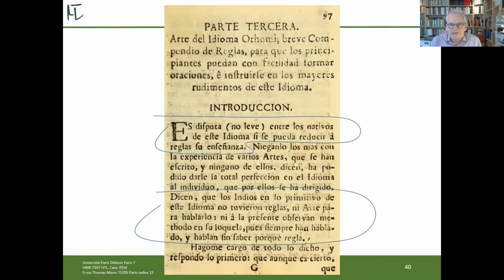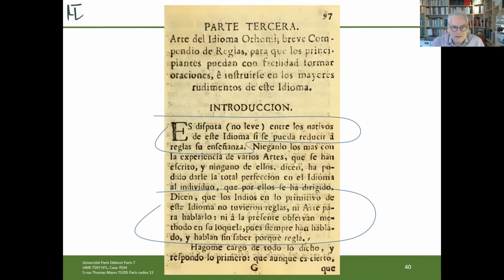So even the natives said to him, is it possible to reducir a reglas of this complex language like Otomi? Dicen que los indios en lo primitivo de este idioma they did not have any rules, as the Greeks and the Romans and the Spanish before the classical period, before the word grammars and before there was literature, there were no rules for this Otomi either.